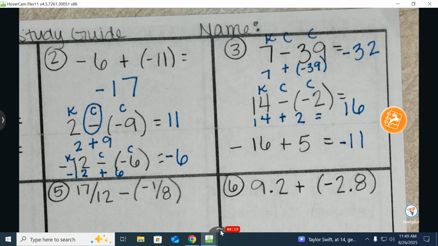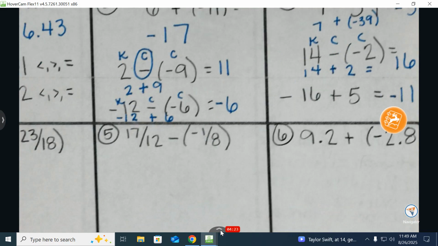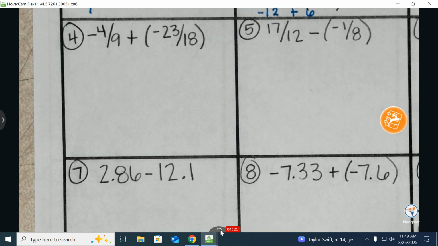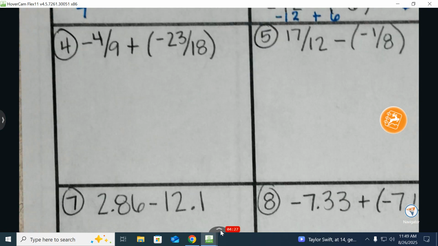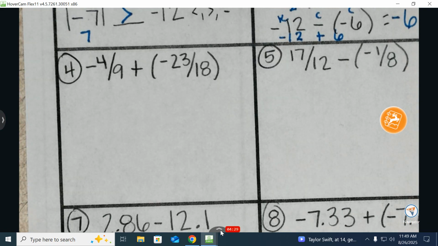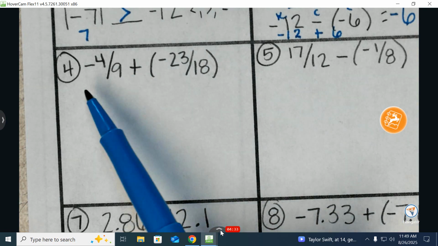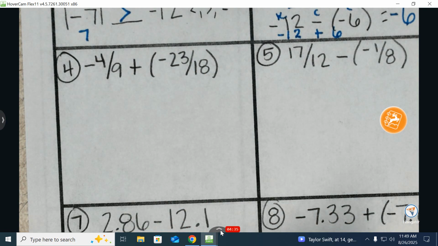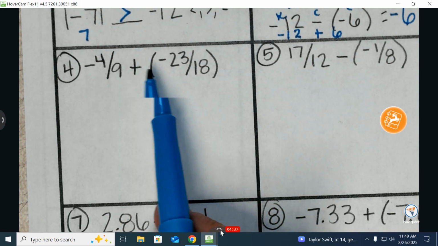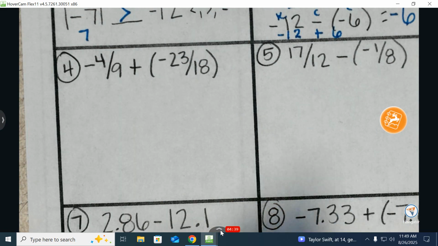Now we're going to be moving into some that have decimals and fractions with the integers. So number 4, we're adding and they have the same sign. So your rule is add, and if they have the same signs, you add and keep.